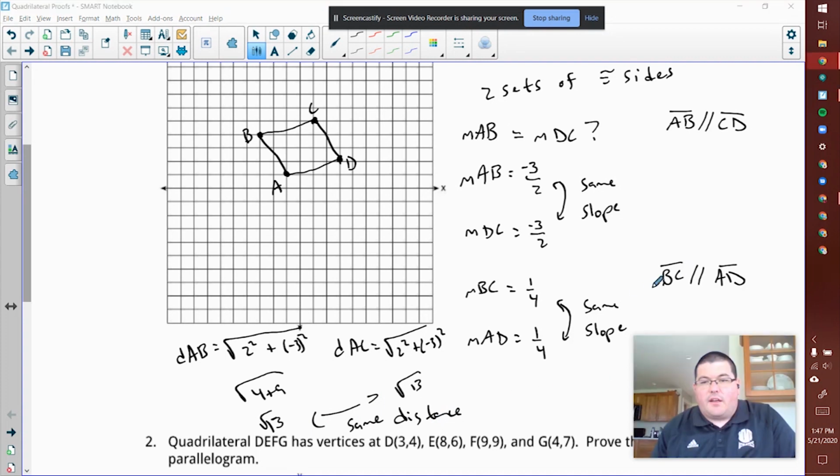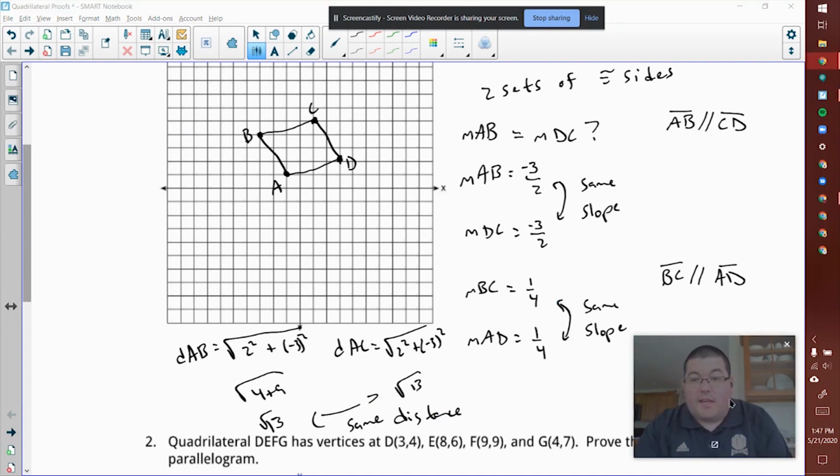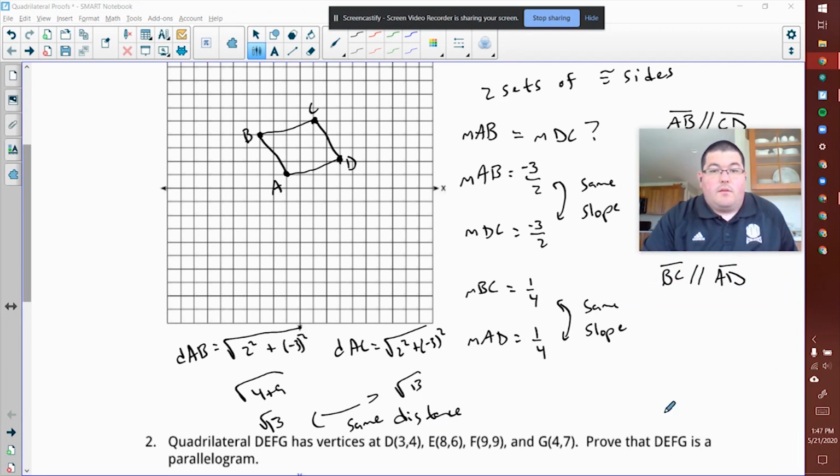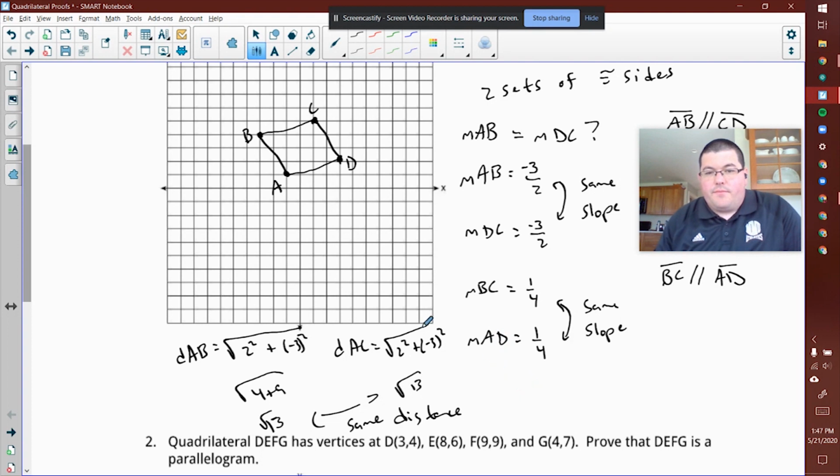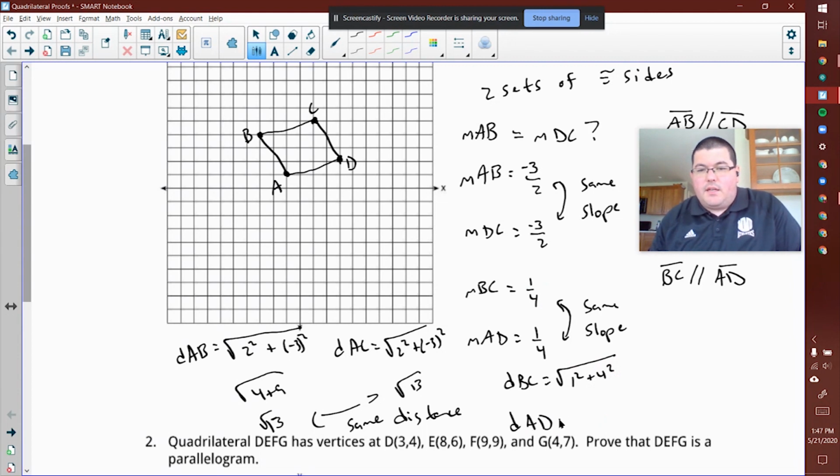Lastly, we can check and make sure that that's going to be the case with BC and AD. Again, the distance for BC has to equal the square root of 1 squared plus 4 squared. The distance of AD is going to equal the square root of 1 squared plus 4 squared. And in each of these cases, we're looking at the square root of 17.